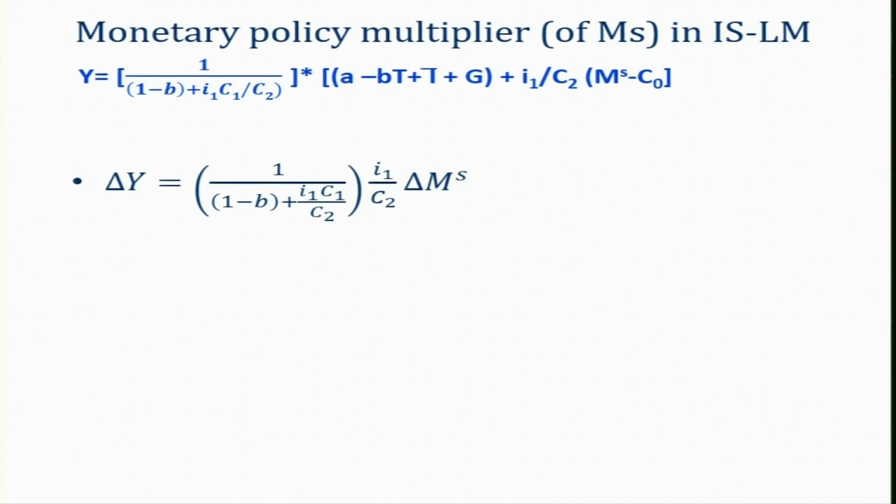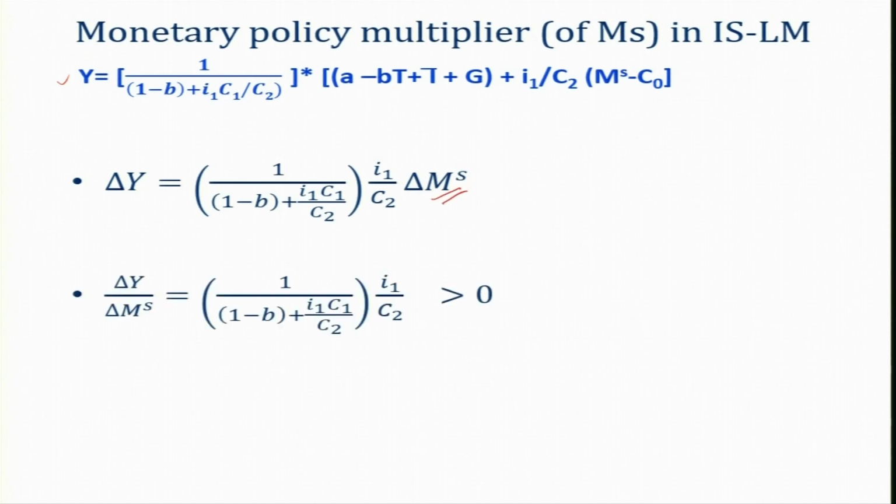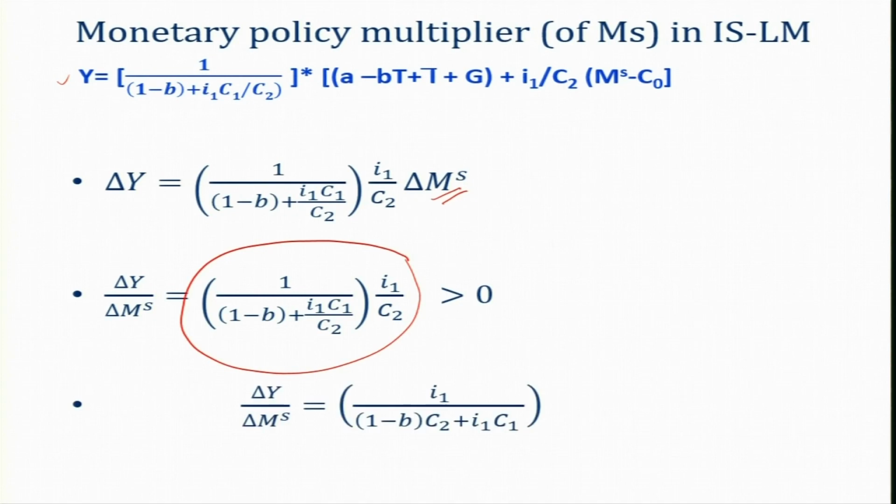Let us now talk about the monetary policy multiplier. In the monetary policy multiplier, again let us start using the ISLM combined equation. So let us see del y due to a change in money supply. When you take the first derivative, you are going to get this value. This is the monetary policy multiplier, the further simplified version.